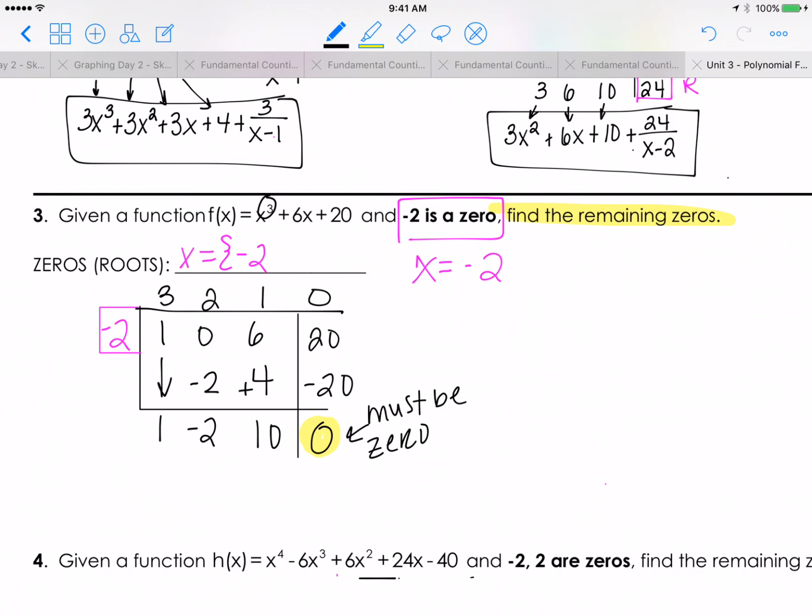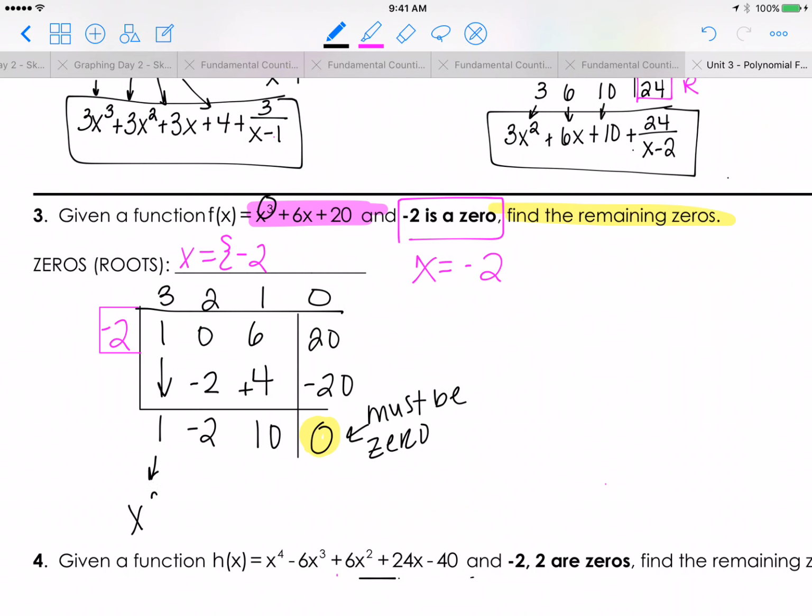So the whole goal is to get this cubic function, which is this right here because it's x to the third, down to a quadratic. And every time you do synthetic division, you're taking it down 1 degree. So these become the coefficients of my new equation.